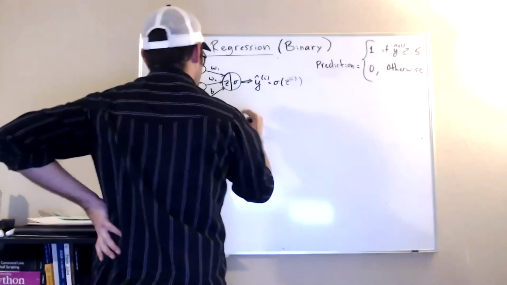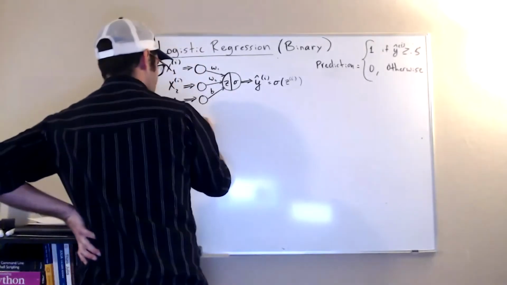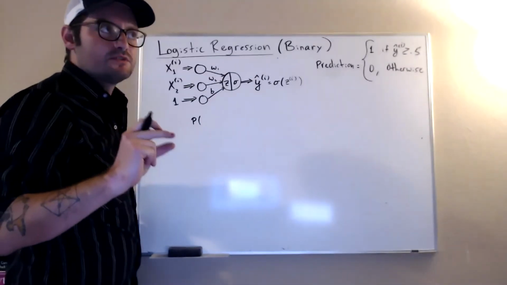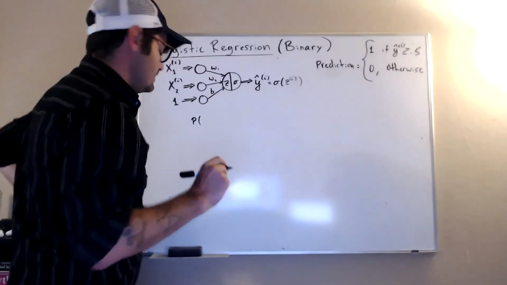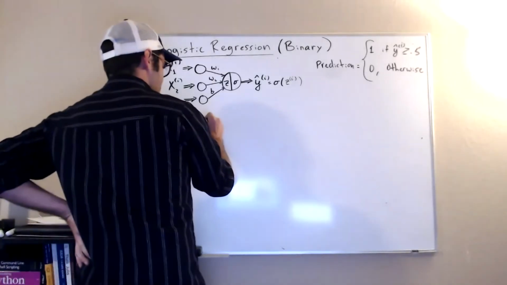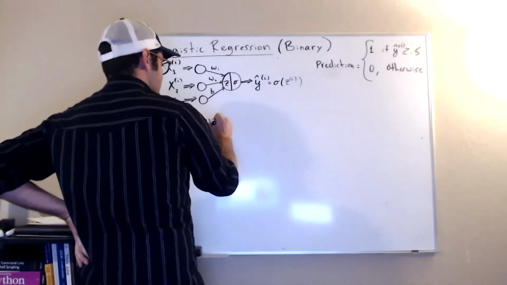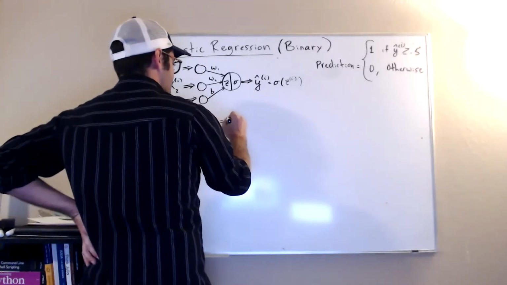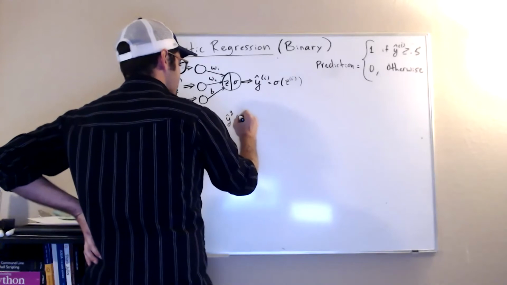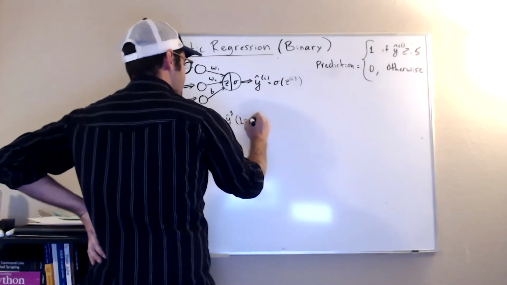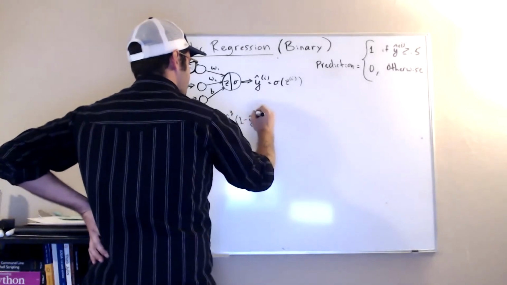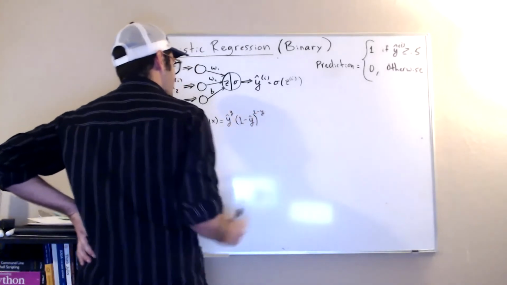Okay, so again, just starting from up here, I'm going to drop the superscripts because it's going to take too long, but just know that this is for a single given entry. So the probability of y given x is equal to y hat to the power y times 1 minus y hat to the power 1 minus y.